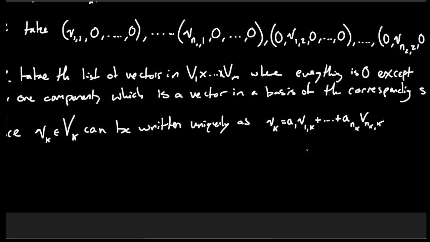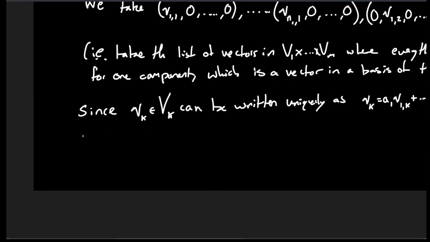That is a linear combination of the corresponding basis for vk. Then 0, comma, 0, all the way down to 0, then little vk, 0 in the product.